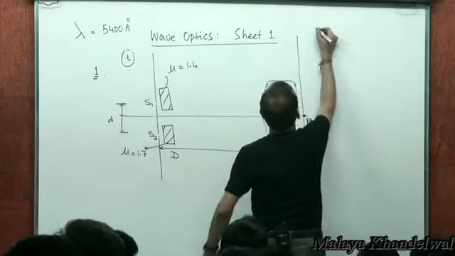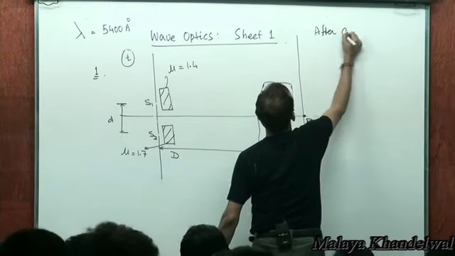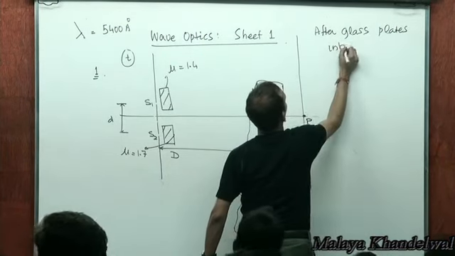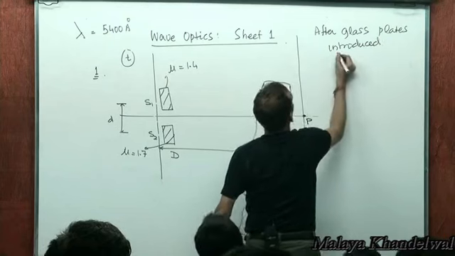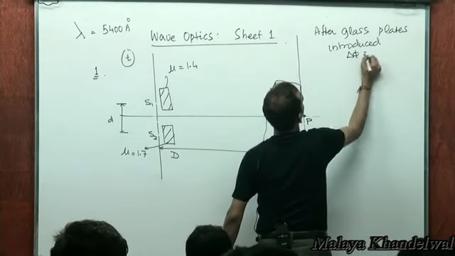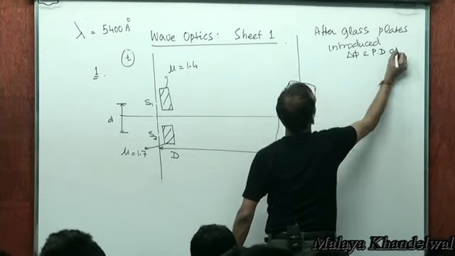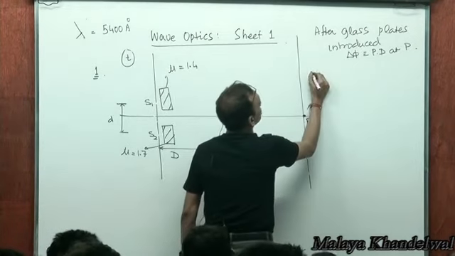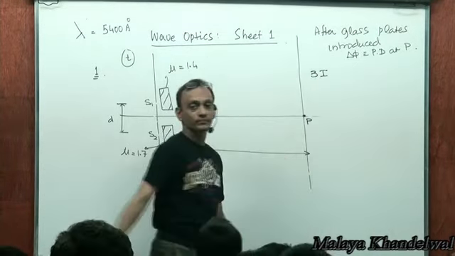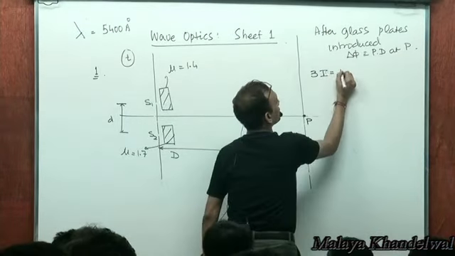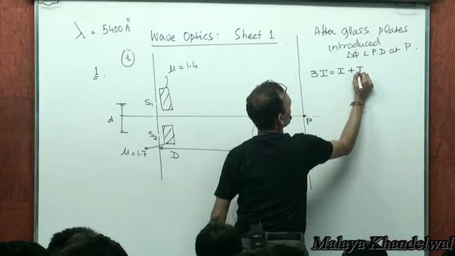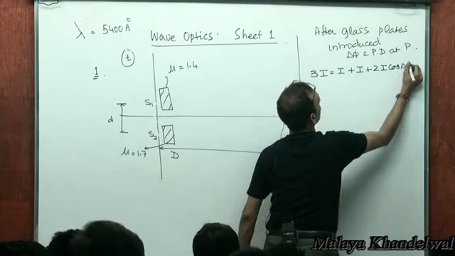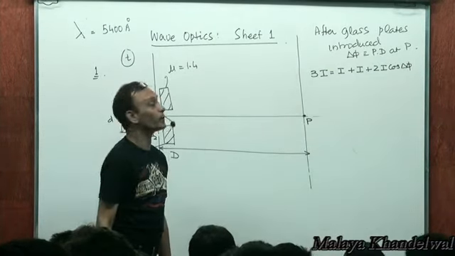So now, after glass plates are introduced, phase difference delta phi is the phase difference at P of the two interfering wave trains, and 3I is the resulting intensity. That must be I1 coming from S1 plus I2 coming from S2 plus 2 root I1 I2 cos delta phi, which is 2I cos delta phi, right?